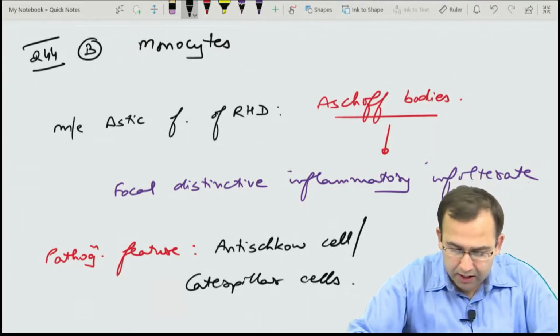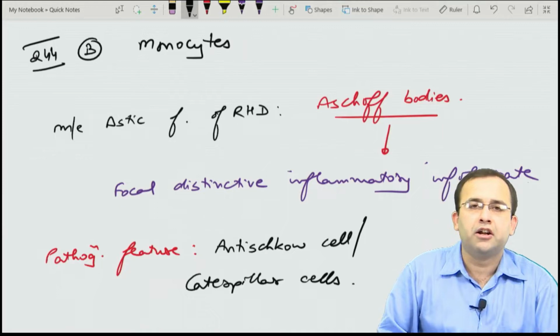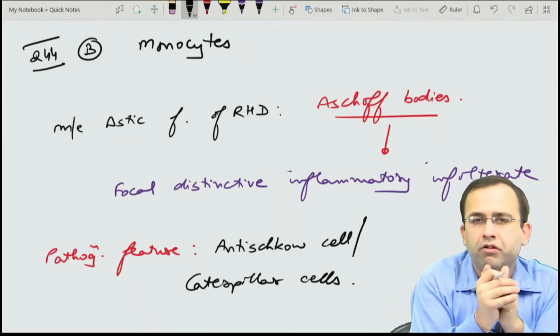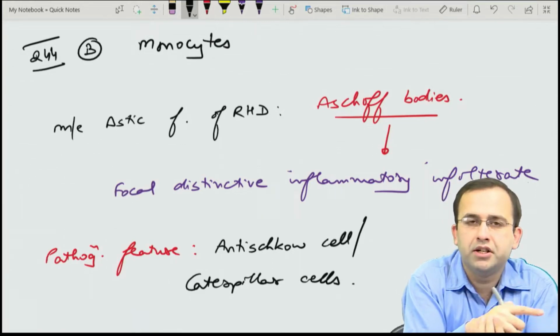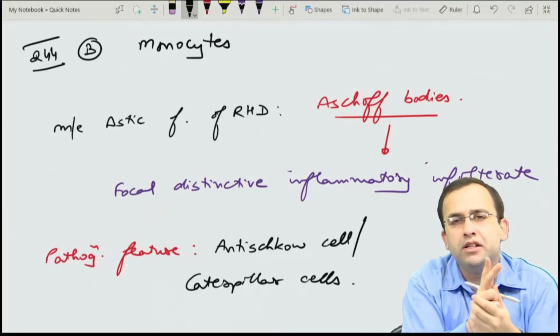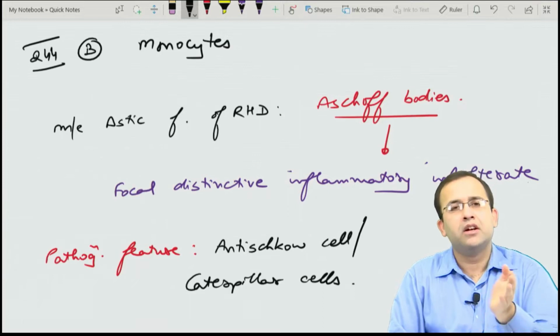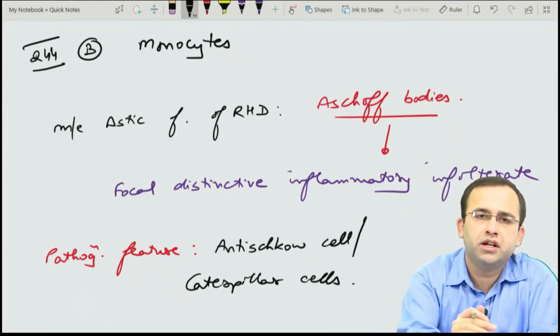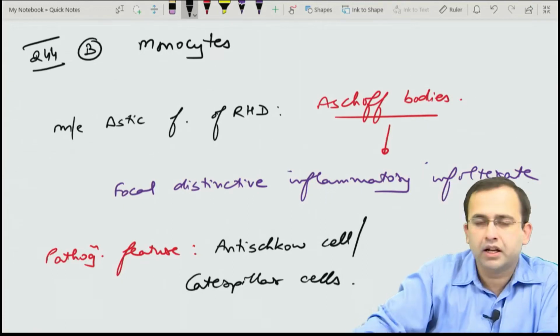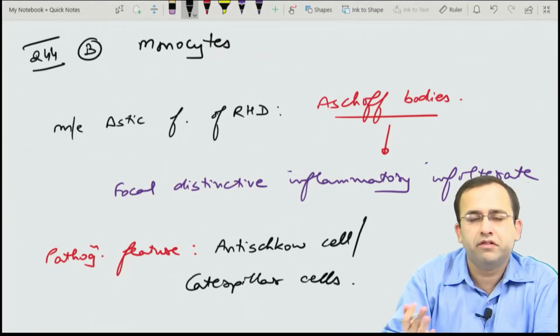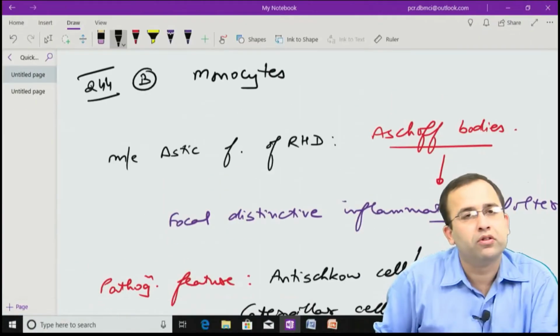Next point, most common valve affected, mitral valve. Acute RHD, mitral regurgitation. Chronic RHD, mitral stenosis. Because of that, chronic RHD is also associated with fish mouth appearance of the mitral valve, where the fish mouth is because of calcification and fibrosis.